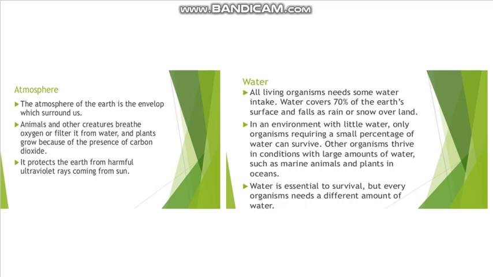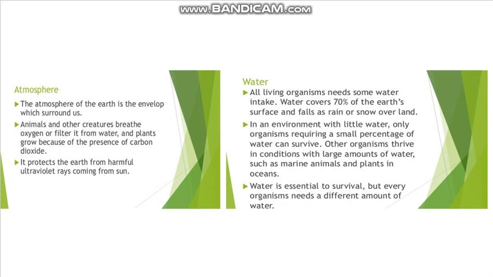We divide these components into two types. One is biotic components and the second one is abiotic components. Biotic components are those substances and things which are living. These are plants and animals which are present around us. These are called biotic components.